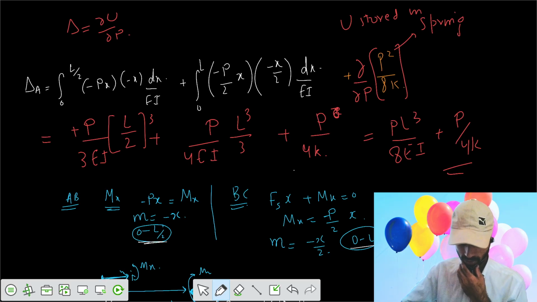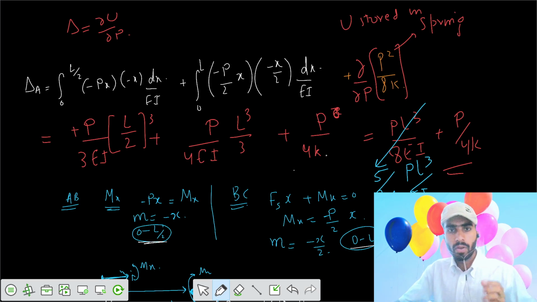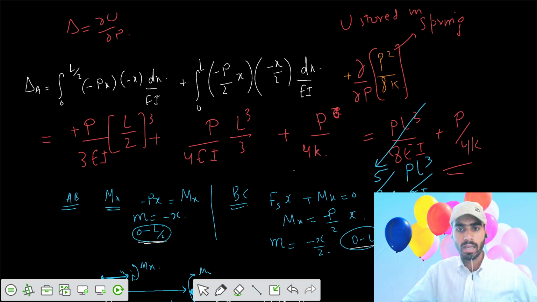You just check the value. See whether it comes out to be equal to some value of 5/24 PL³/EI. Just verify it. Maybe you can calculate it. It's not a big deal.